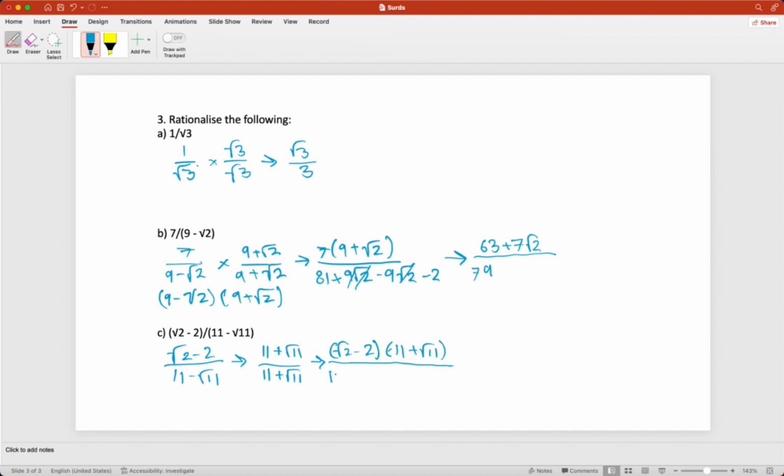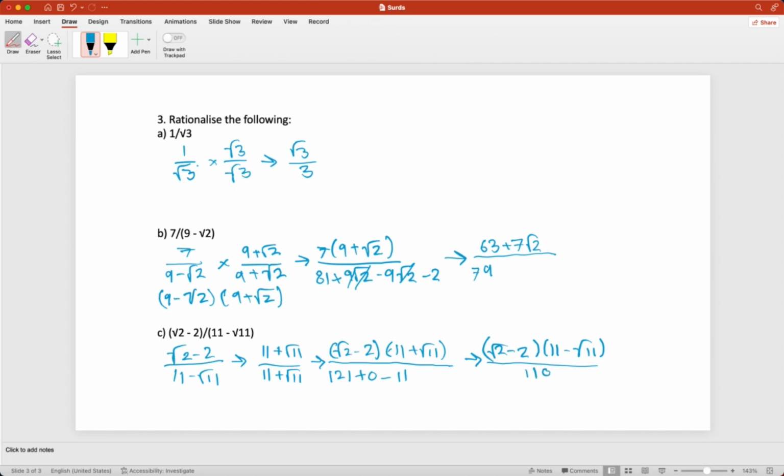11 times 11 is 121. Plus 11 times square root 11 minus 11 square root 11 will be 0. And then square root 11 times minus square root 11 is minus 11. Then you simplify the denominator. And the denominator becomes 110.